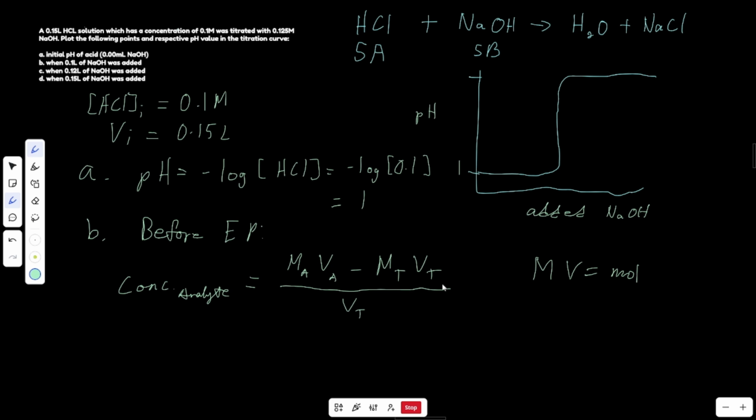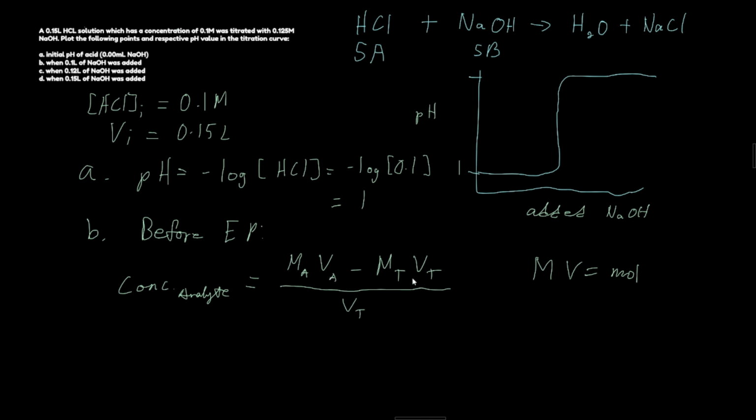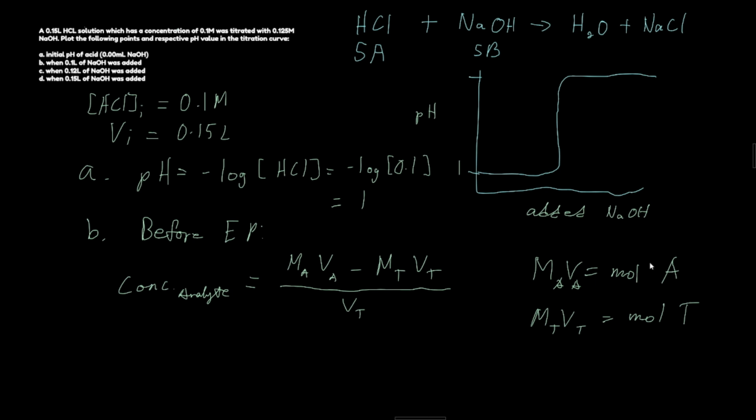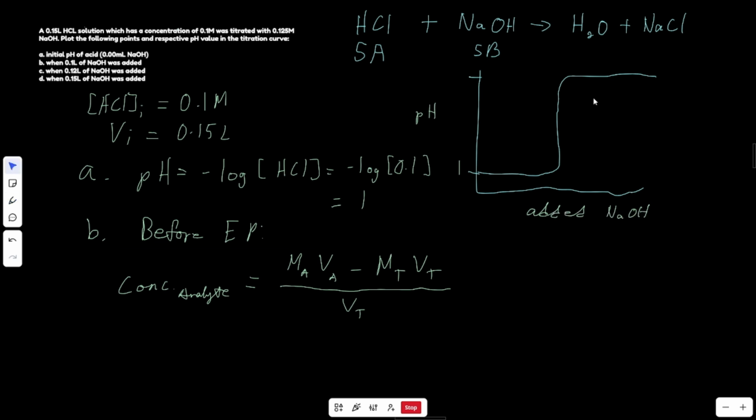So what are we doing here? We're trying to subtract the moles of analyte by the moles of our titrant. Because here we know for a fact that we have more acid than we do base. And that's how we're going to figure out what the concentration of our acid is, given that we're adding more base, more volume to our solution. So that's just some added understanding to why we use this formula.